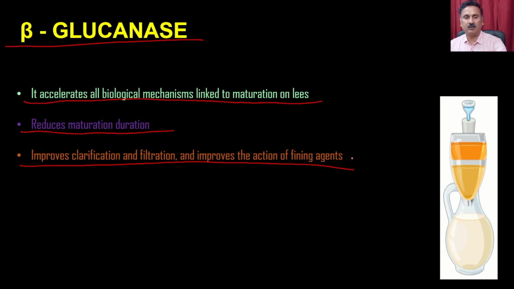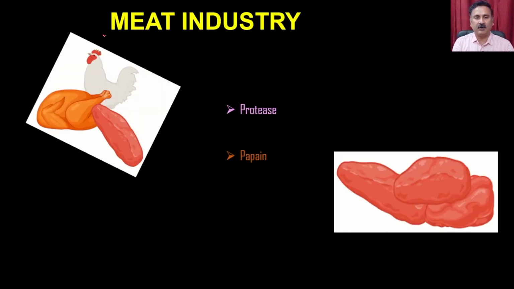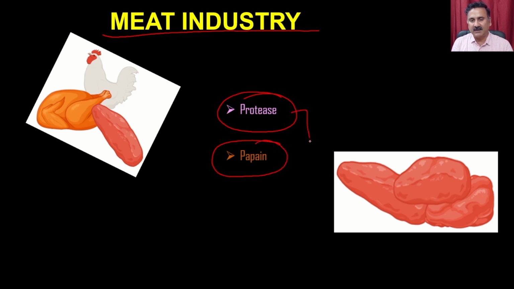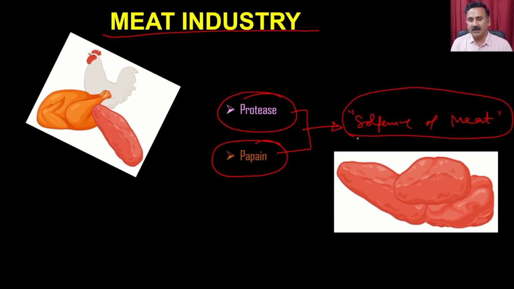Now let's move on to the next industry, which is the meat industry. This is where you get chicken meat or beef. The enzymes you use are proteases and papain, and both of these enzymes are used for the softening of the meat, because it makes the meat a little softer so that it is easy to digest.